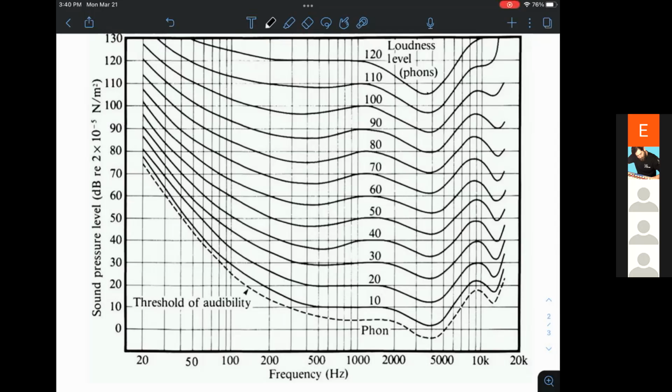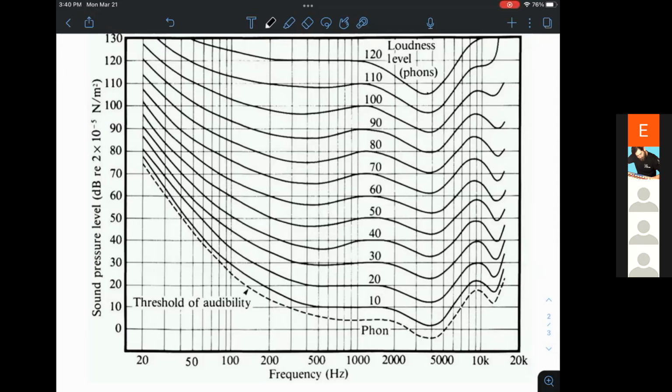And then I'm going to take a 20 hertz signal and turn it up until you tell me it's equally loud. And that's what I'm going to plot here. It's what value of SPL do I need to play something back at for you to feel like it was as loud as 1K at whatever SPL. That's how you're going to build this.